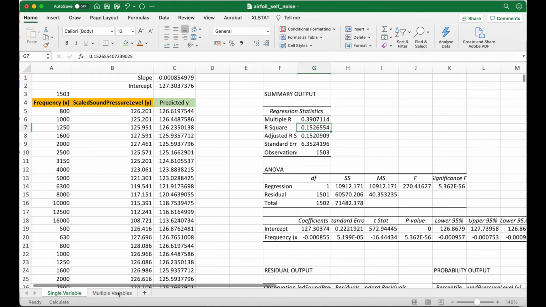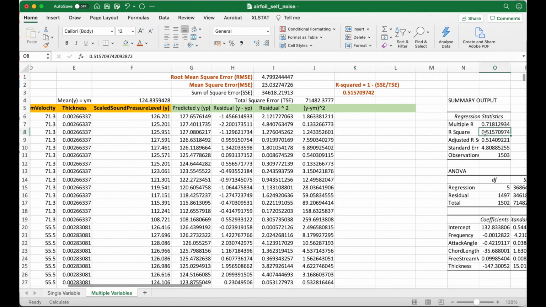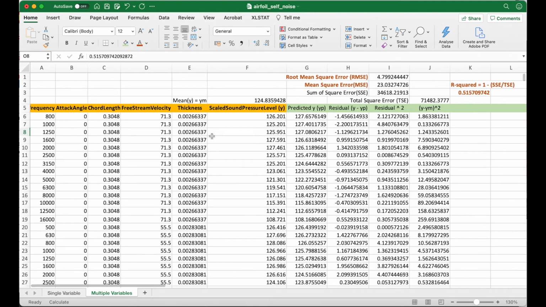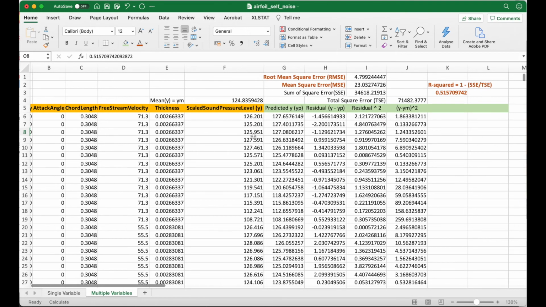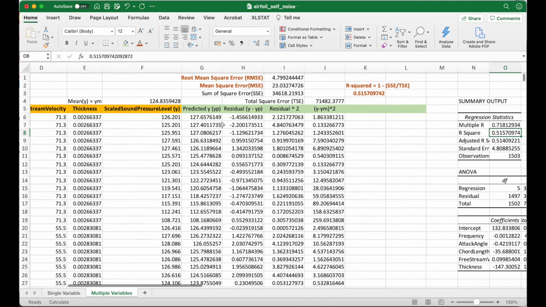And when we took 5 variables together, we got an R square of 0.5157. So when we are taking all the 5 variables together, our model is better than when we are just considering frequency to determine the value of scaled sound pressure level. So you could see that we already know that this model is better than the model where we had taken a single variable, frequency, for making our prediction.